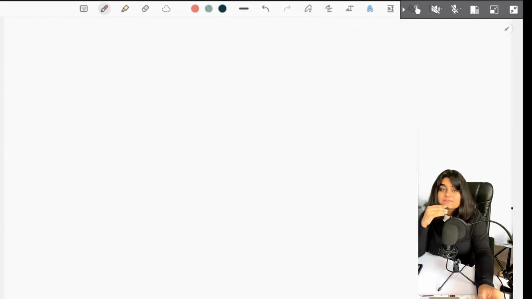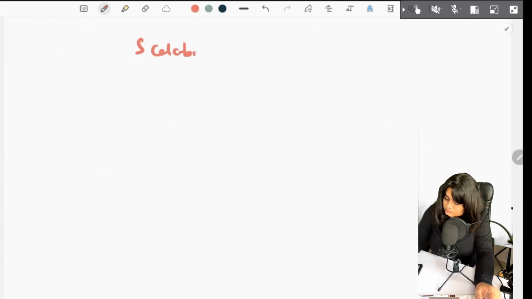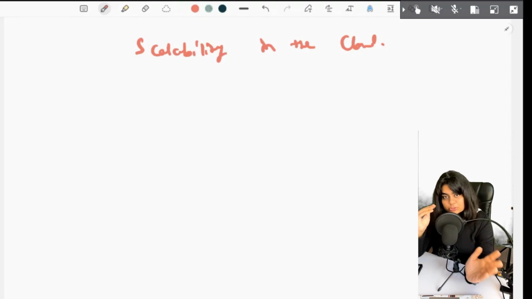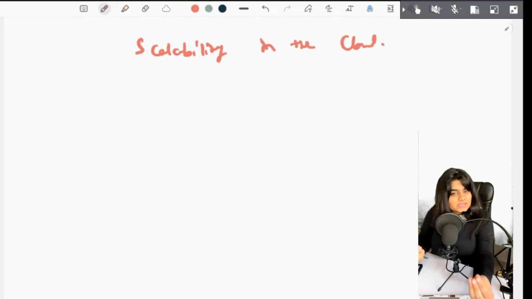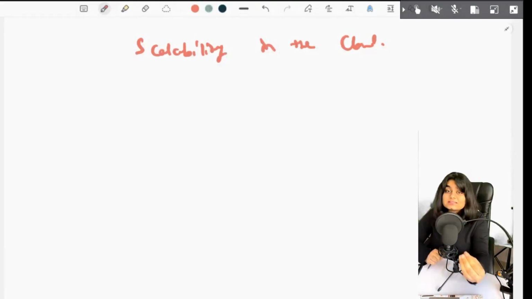So let's talk about scalability in the cloud. Cloud platforms have revolutionized how we approach scalability. With services like AWS, Google Cloud, and Azure, you can scale your infrastructure on demand. This is called elasticity, where your system automatically adds or removes resources based on the traffic.